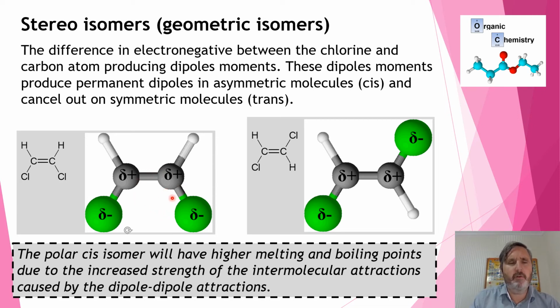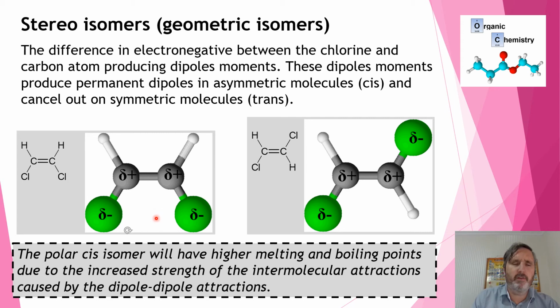Another thing to note, because this has a polar end to it, this slightly negative side or the slightly positive side, they can form attractions to water molecules. And these attractions that they form, well, the chlorine here may be able to form some hydrogen bonding, but they form attractions with the water molecules.